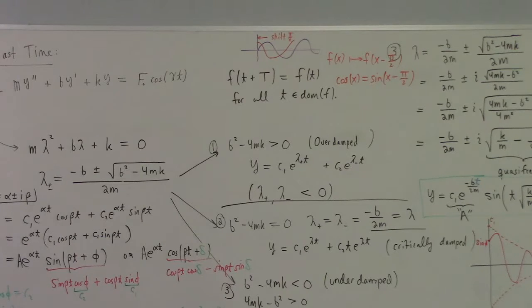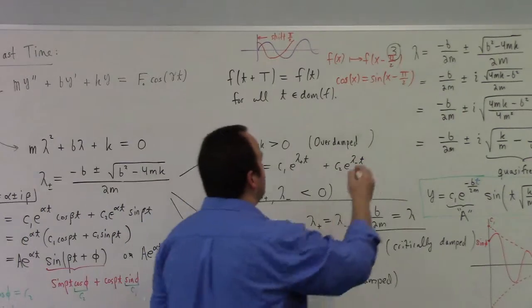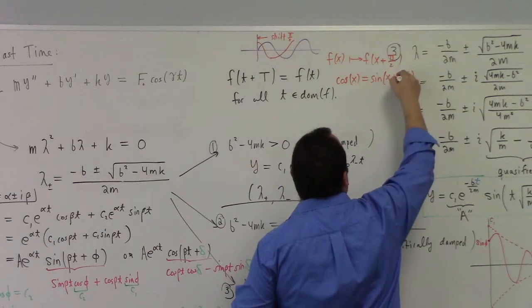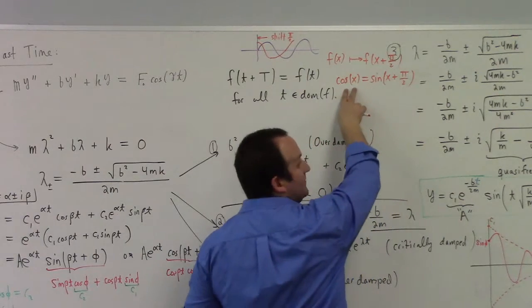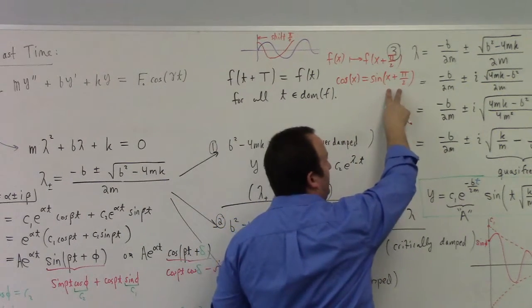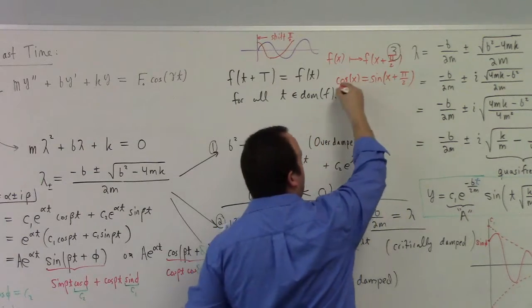If I shift to the left, when you mess with the domain variable it's counterintuitive, so shifting to the left means you add. So I'm supposed to have plus pi over 2. Of course, you could have checked my formula by just plugging in 0. Cosine of 0 is 1, and I should have 1 over here too. Sine of pi over 2 is 1. Good, there's the relation.